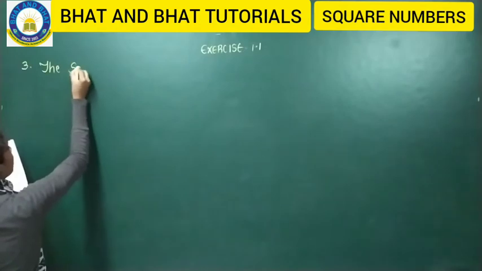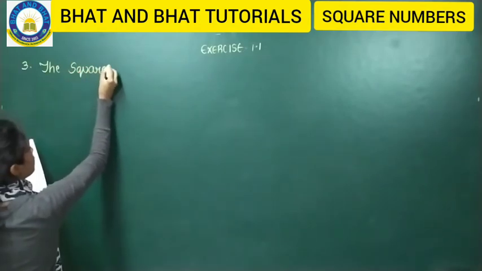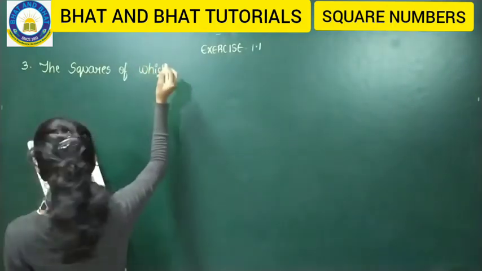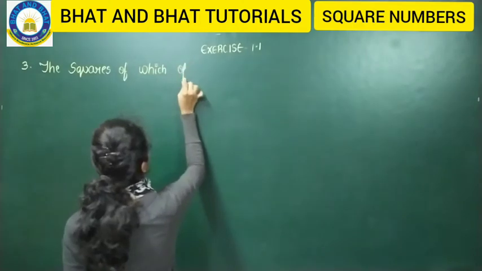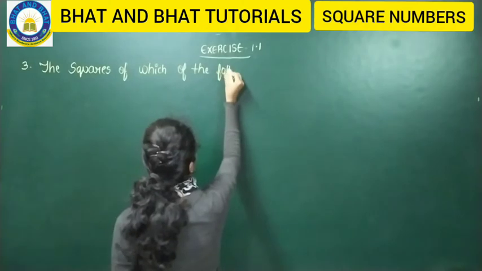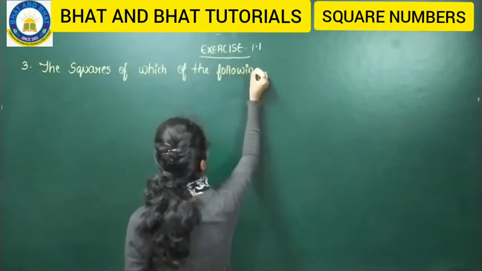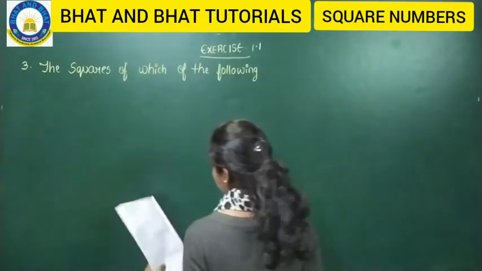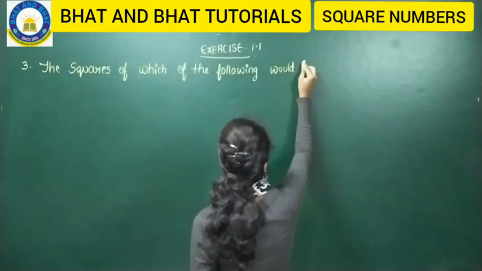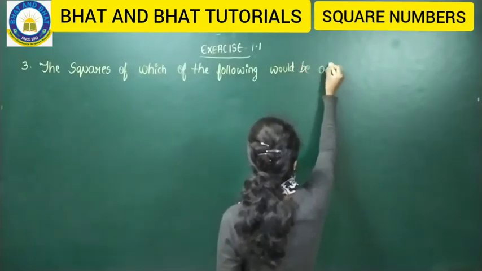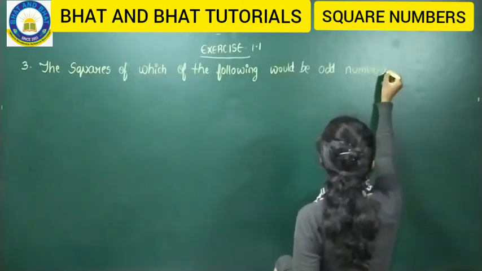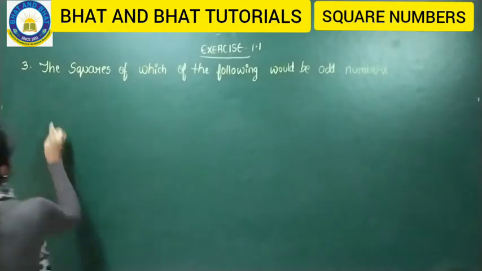The squares of which of the following would be odd numbers? So fine, we'll see the questions.